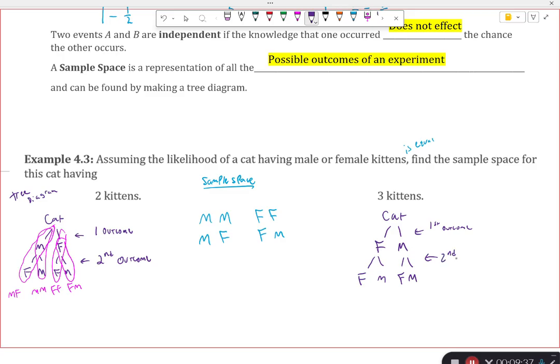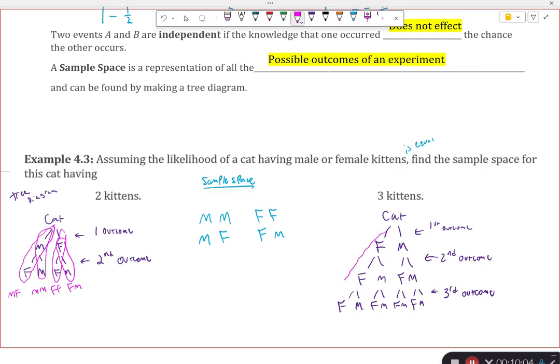Each time that I draw these little lines, we're indicating the second outcome or the first outcome. Now we can look at the third outcome, which again has only 2 options, either female or male, for each branch.